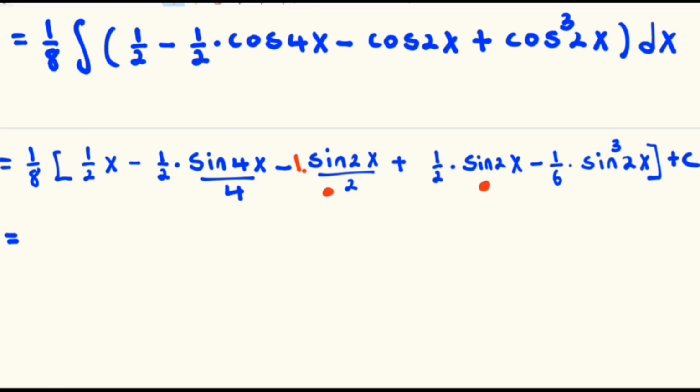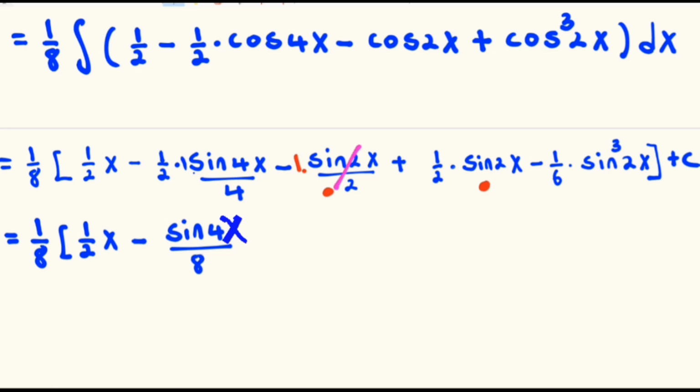So we'll have the 1 over 8 into 1 over 2 multiplied by x minus sine 4x divided by 2 multiplied by 1 over 4, which will be equal to 1 over 8, and these two will cancel out. Negative sine of 2x raised to the power 3 divided by 6 plus c, and this will be our answer.